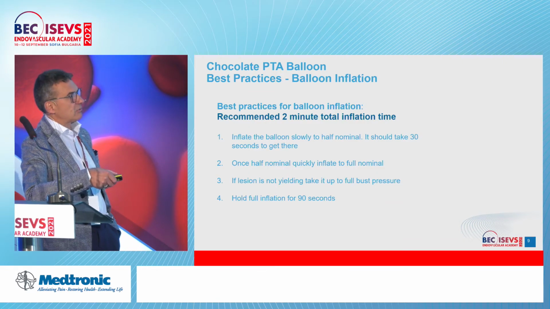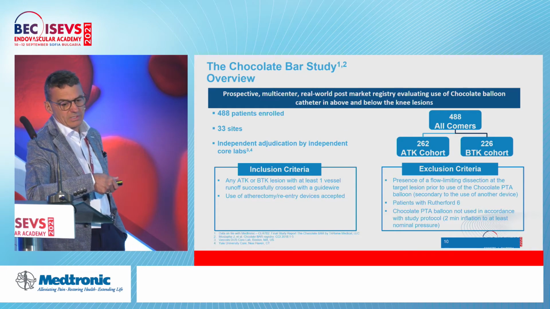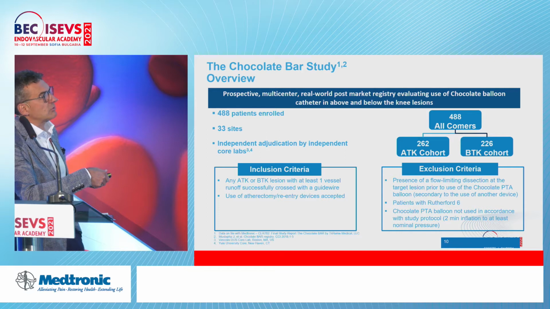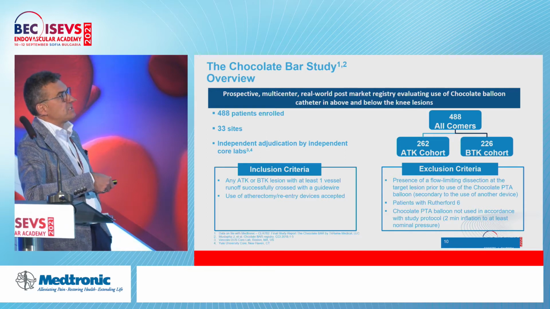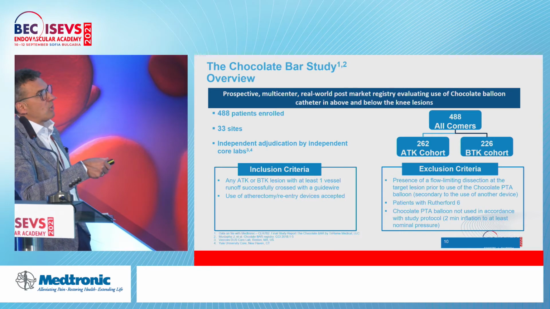Okay, I told you already that at least 1 minute, better 1 minute and a half to inflate the chocolate balloon in order to have the perfect result. This is the chocolate bar study, both above the knee, superficial femoral, and below the knee cohort.